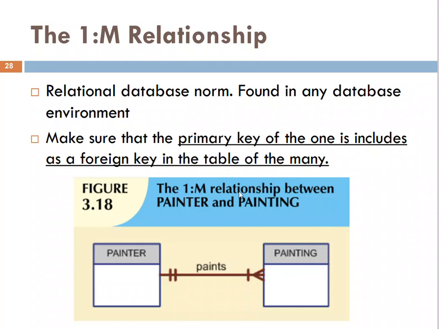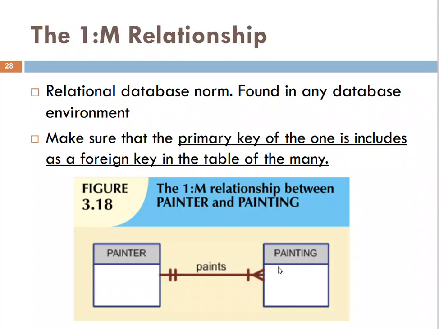Okay, so that's why dia kata make sure primary key of the one, contohnya di one side ni, is included as a foreign key in the table of the many. So maksudnya contoh kalau saya ada painter code, painter code akan menjadi primary key di dalam table painter dan dia akan menjadi foreign key dalam table painting. Sebab apa?